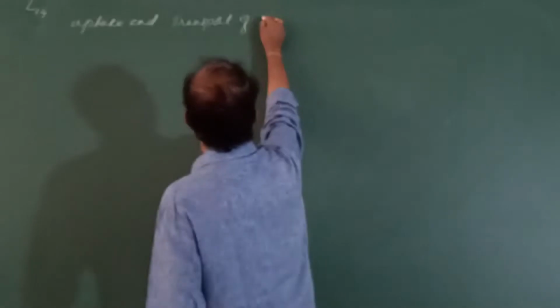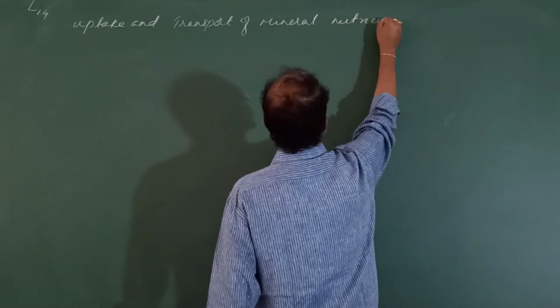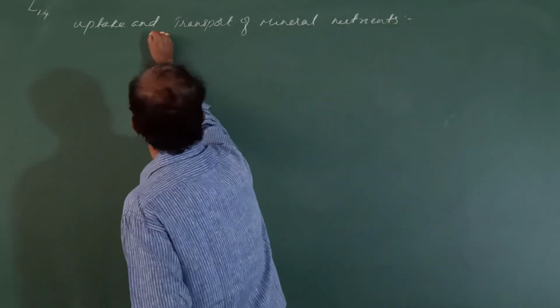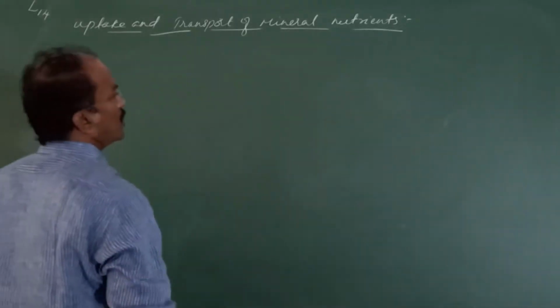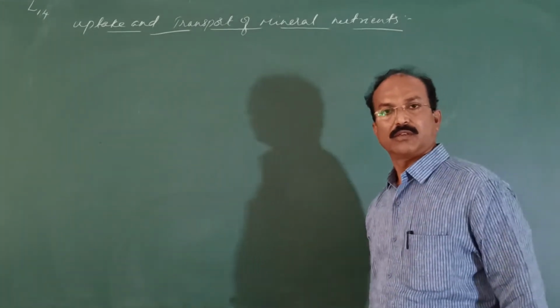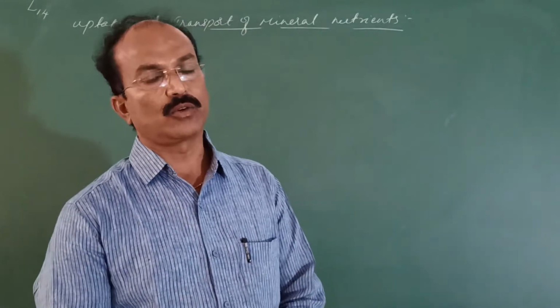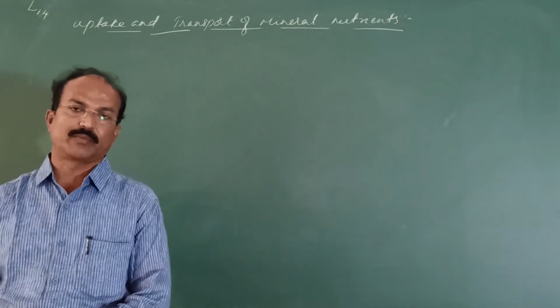So, children, in today's class, we shall discuss the further topics, that is uptake and transport of mineral nutrients. Uptake means what? That is absorption of these minerals from the soil, and also the same nutrients or minerals are transported to different parts of the plant body.